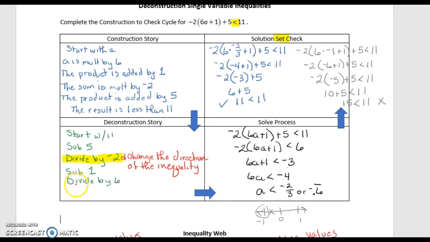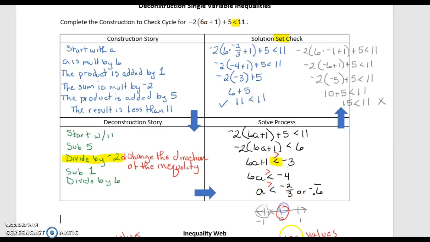Now you notice here we're dividing as well, but we're dividing by a positive number, so we do not change the direction of the inequality, only if we divide or multiply by a negative number. So it is in this moment, when we divide by negative 2, that this inequality sign should have said greater than, and then that would make this one greater than and this one greater than. So we really want to check to make sure that there's a value greater than negative 2/3.